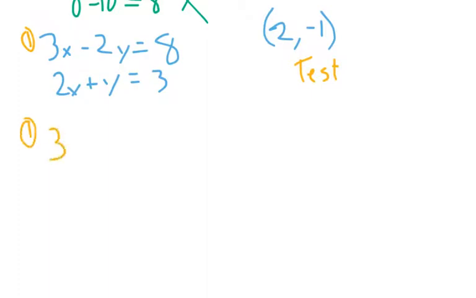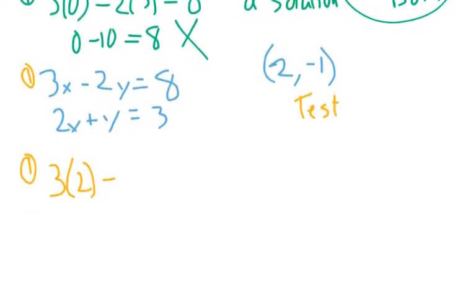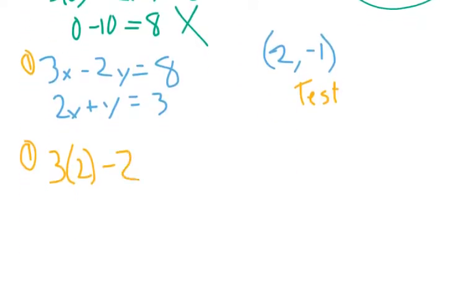I'll go 3 times 2 minus 2 times negative 1 equals 8, with an equals sign with a question mark. Let's see, that's 6 plus 2 equaling 8. Check, that works out.